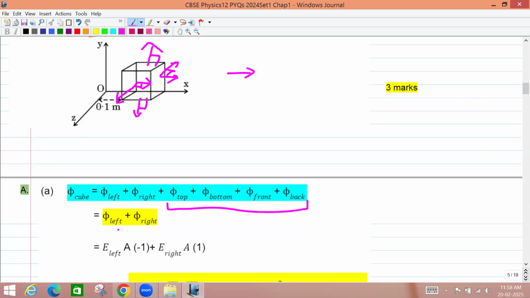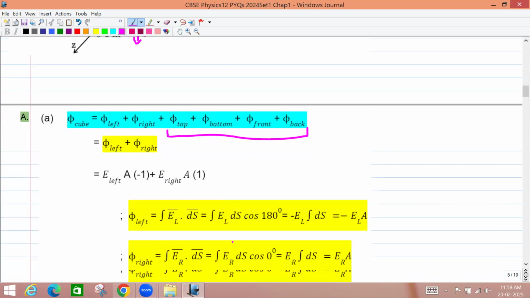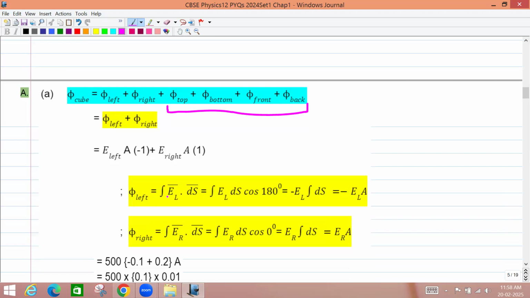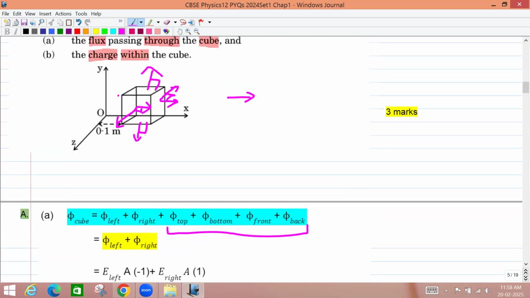So the flux of the left face is E dot dS. The electric field on the left face dot dS, and the angle between the electric field and the area vector is 180 degrees. On the left face, the area vector is the outward vector, and the electric field is towards right, so the angle between them is 180 degrees.